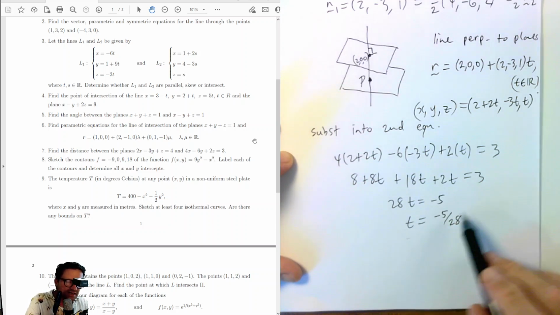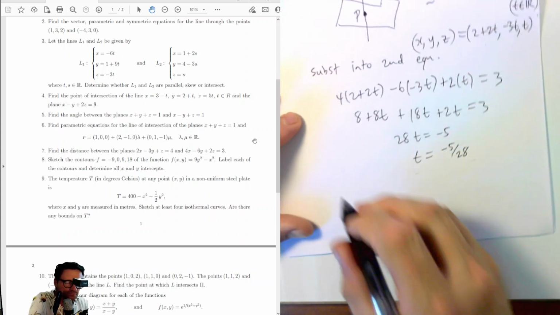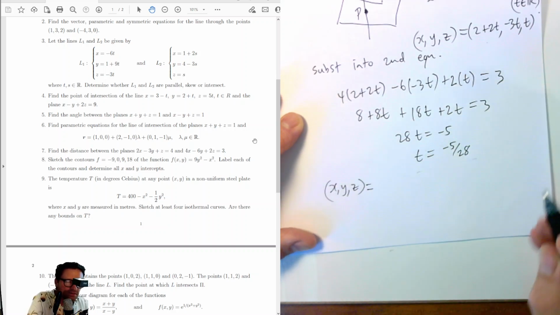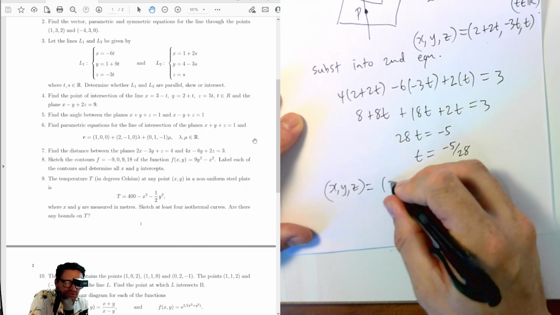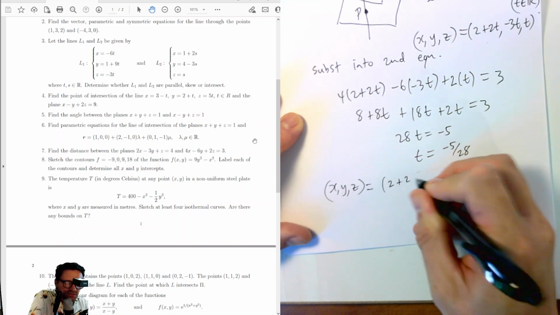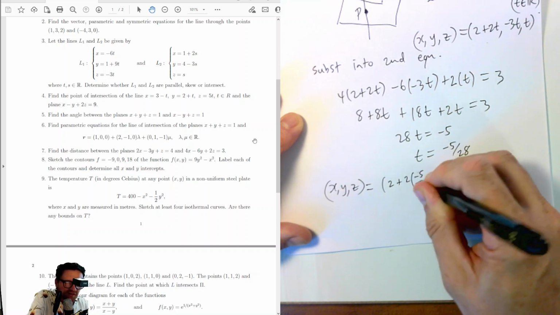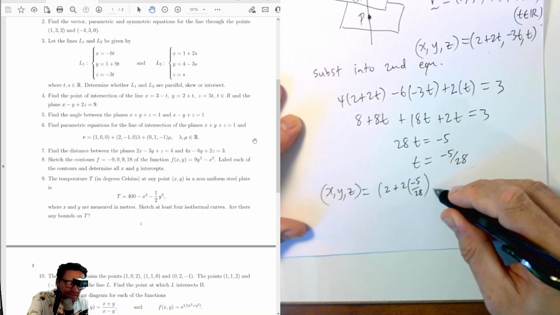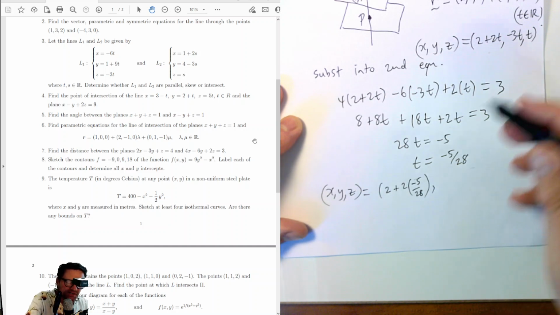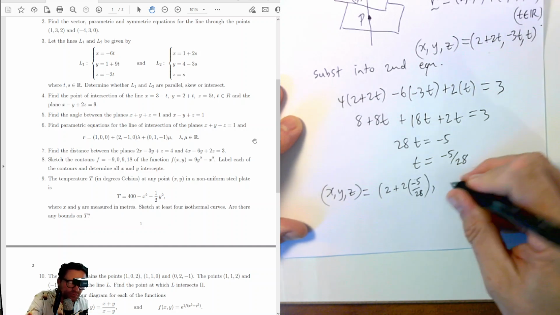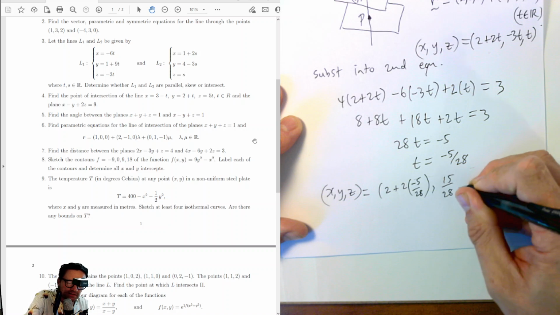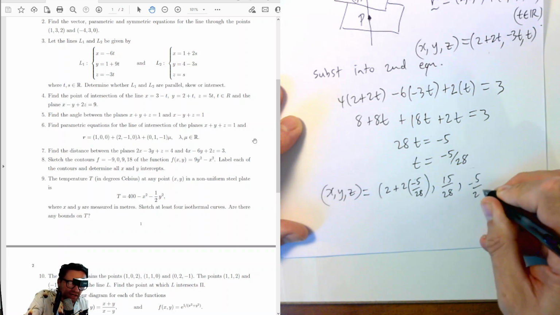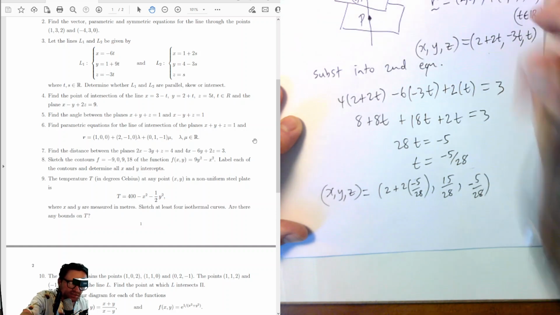Okay, so now I need to sub it in there. So (x, y, z) is 2 plus 2 times minus 5 over 28. Okay, and then we've got minus 3 times minus 5 over 28 is 15 over 28. And then we've got minus 5 over 28, because that's just t.